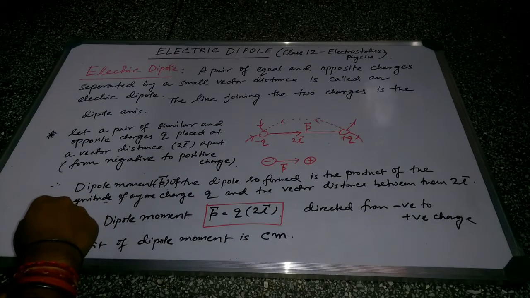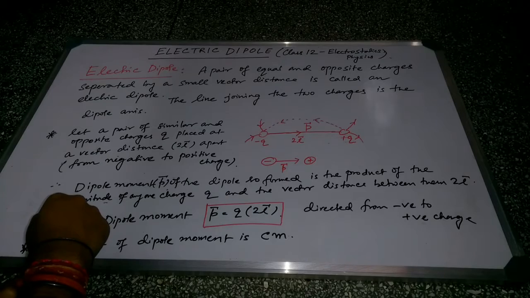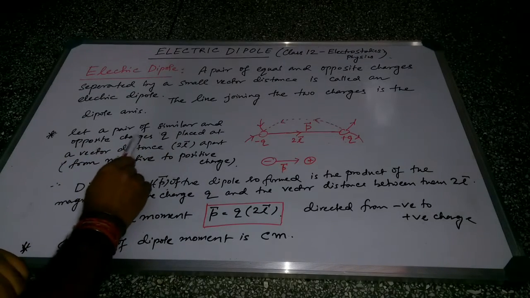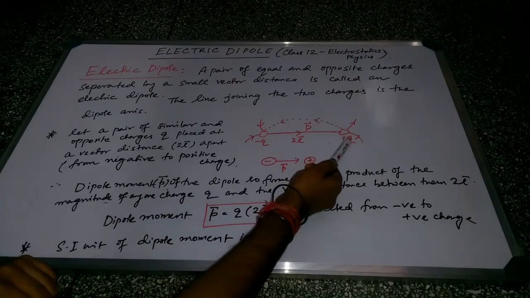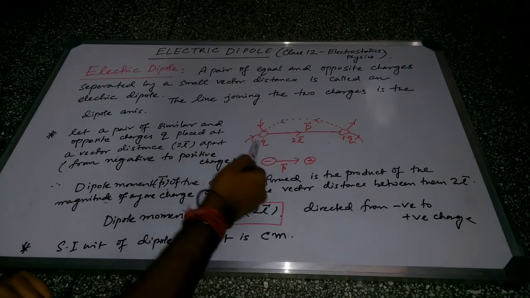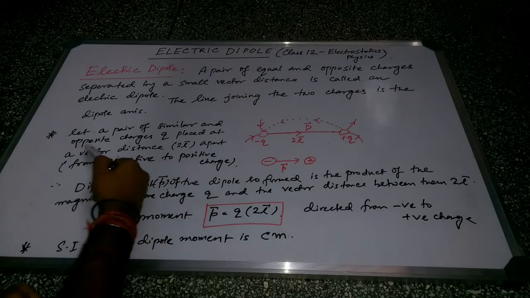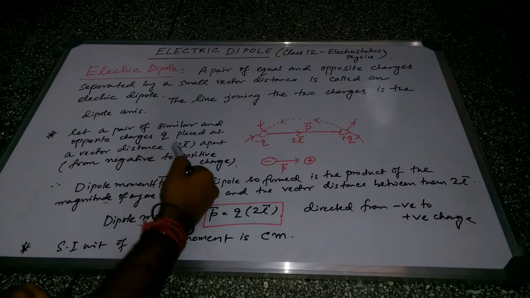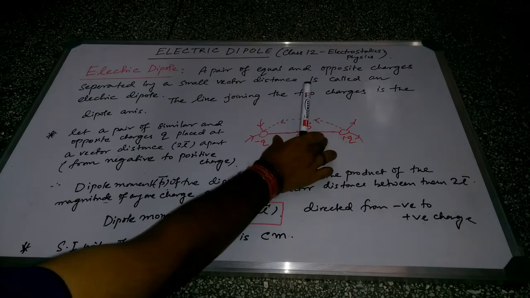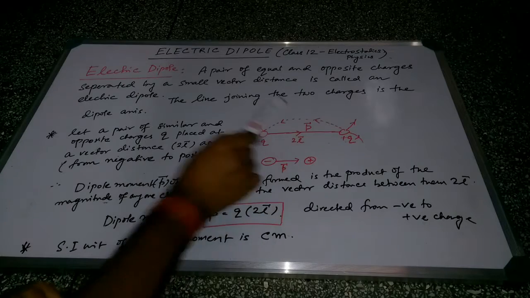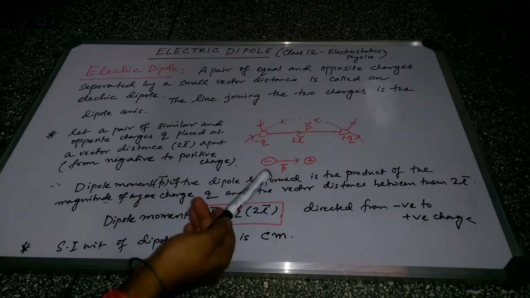Let us understand this definition clearly. Let a pair of equal and opposite charges, one plus q and one minus q, be placed at a small vector distance 2l. These two charges are kept apart, where this is a vector distance, that is, it has a direction.